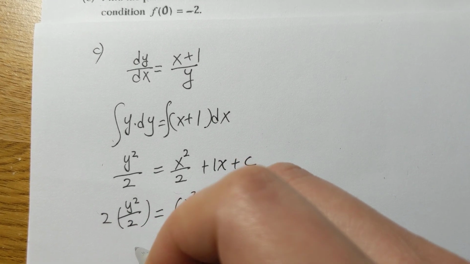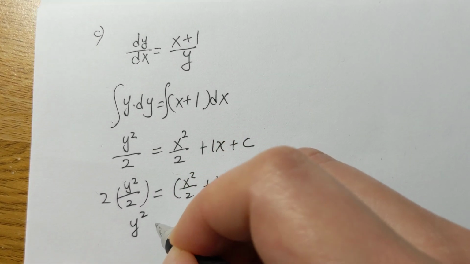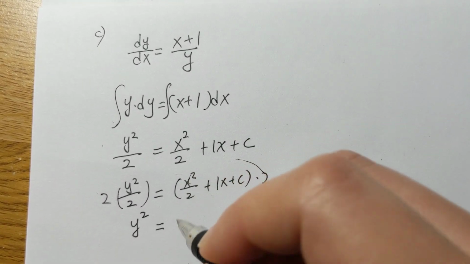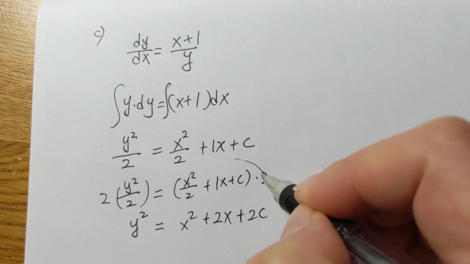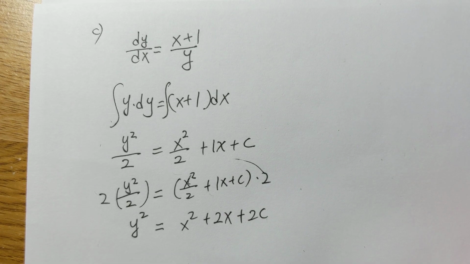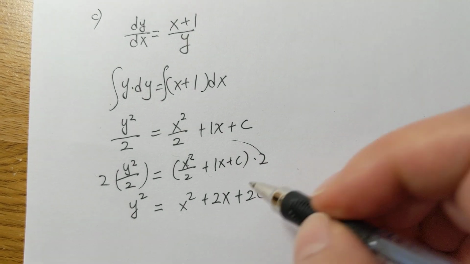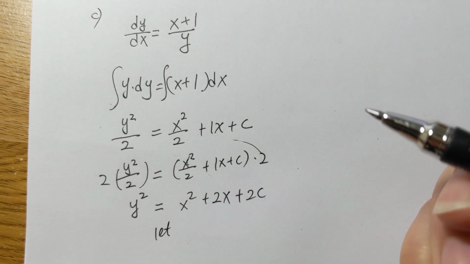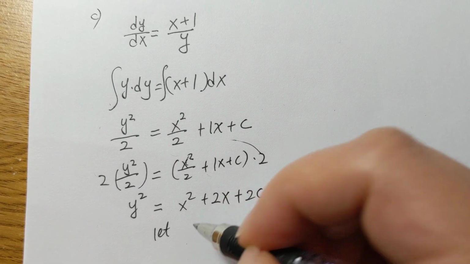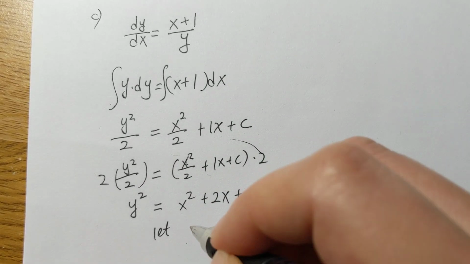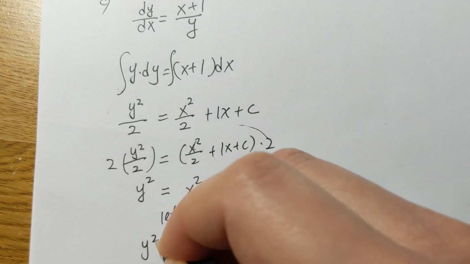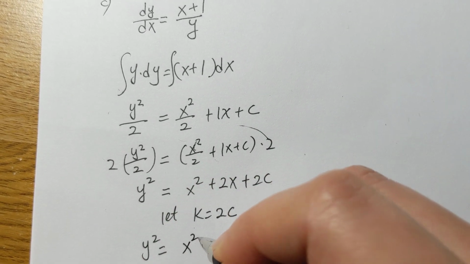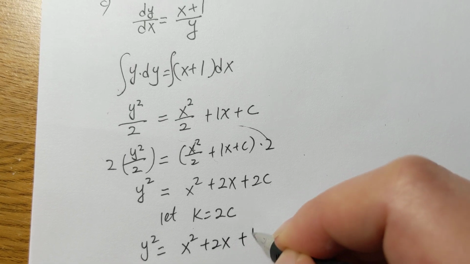So this cancels, and we get y squared equal to x squared plus 2x plus 2c. We don't want to have 2c over here, so we're going to let 2c equal k, or you can use b, it's up to you. So we got y squared equal to x squared plus 2x plus k.